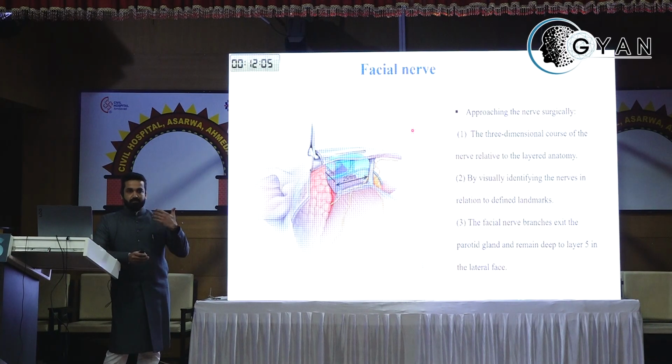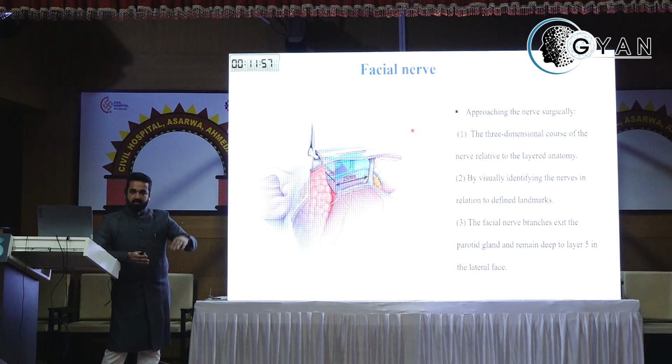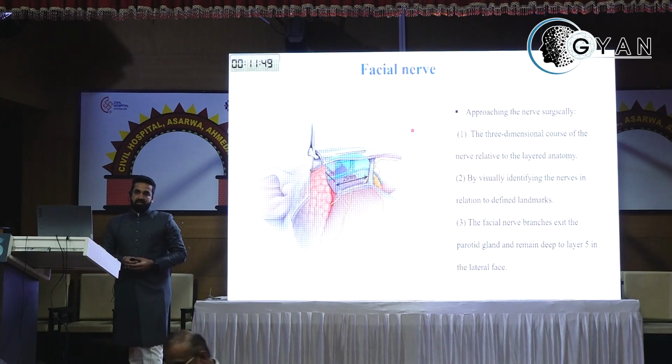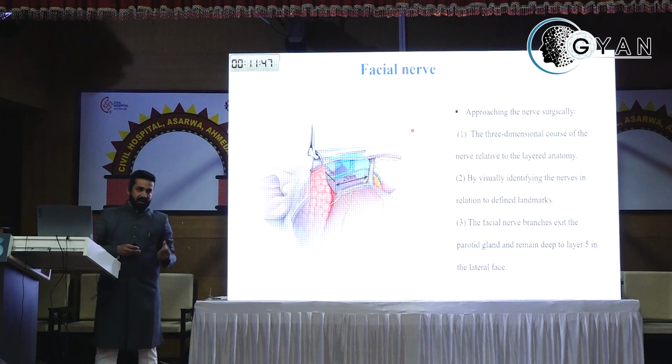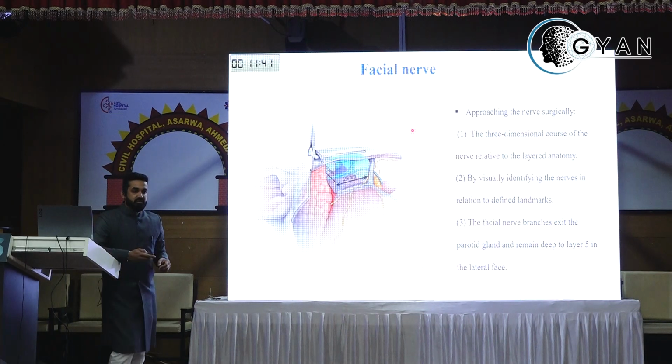Meaning to say, if you look at the premasseteric space, consider that this is that space, and the upper buccal nerve and the lower branches are just cornering the superior and the inferior border of that space. The only thing that budges into this space is some amount of masseteric fat, right? Apart from that, there is nothing much in this space, so it's particularly a safer zone.